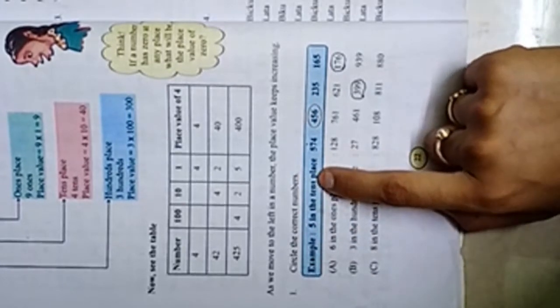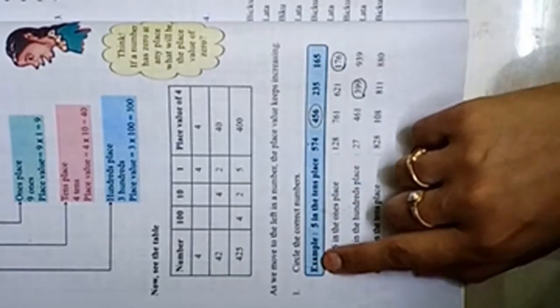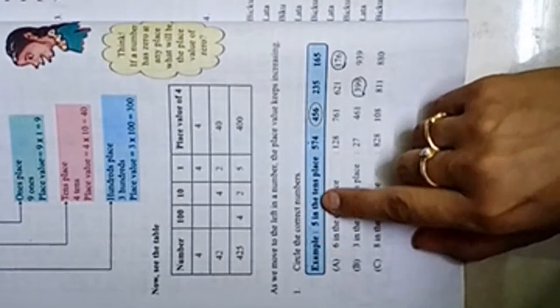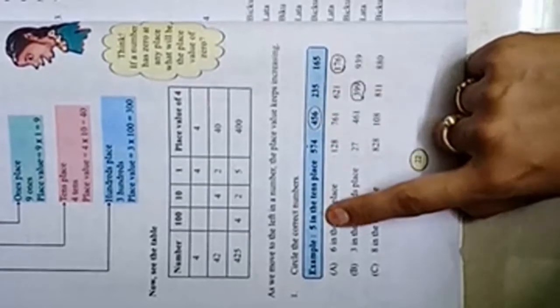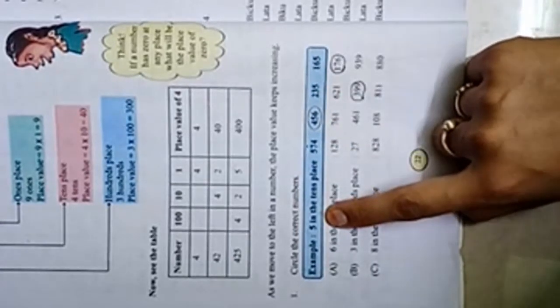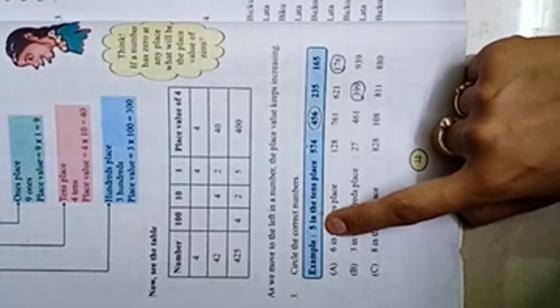Observe this given example and solve this question. Now, 5 in the tens place. Here, he has given 3-digit numbers, different 3-digit numbers. And he is asking us to identify, circle the number which is having 5 in the tens place.